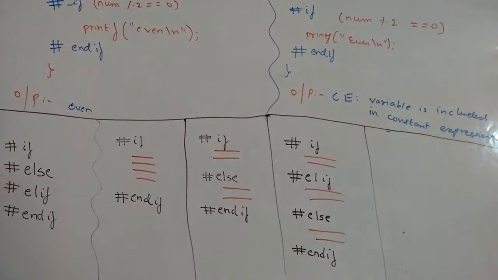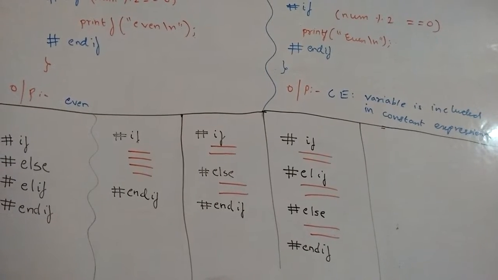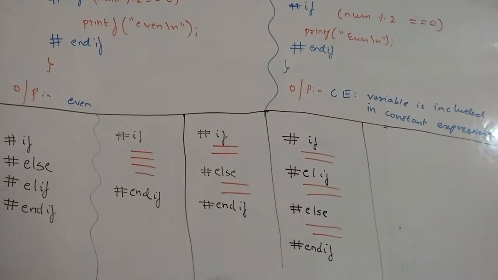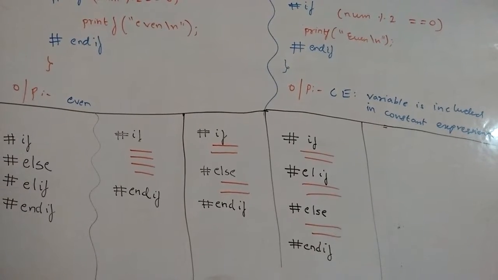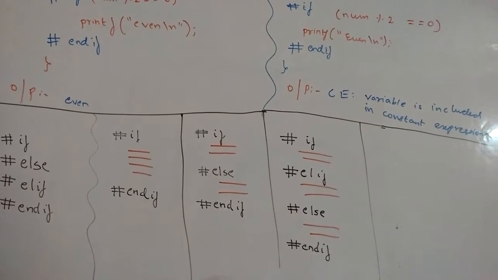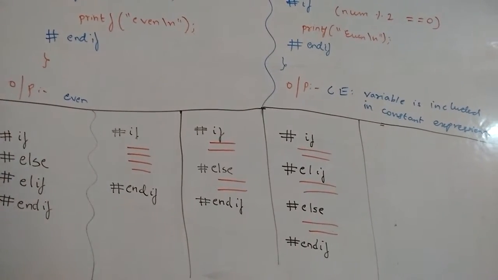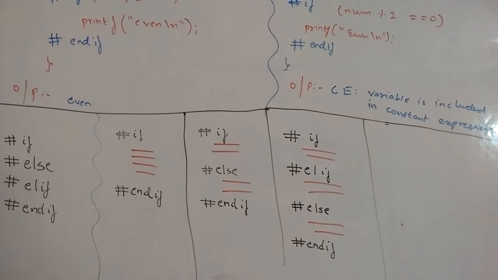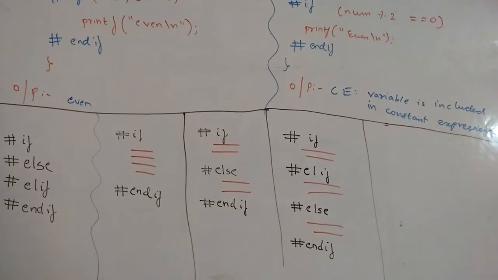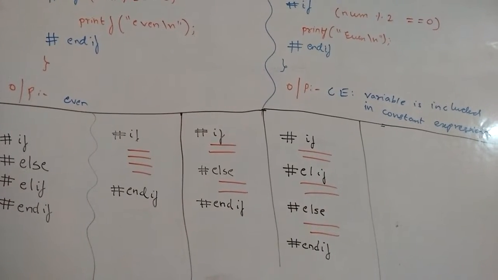Similarly, for using hash else, there is a second example. I will have a hash if construct as usual. If that is not true, the hash else construct would get executed. And then as usual, hash endif to denote the end of the if-else construct. Next, the else-if ladder.